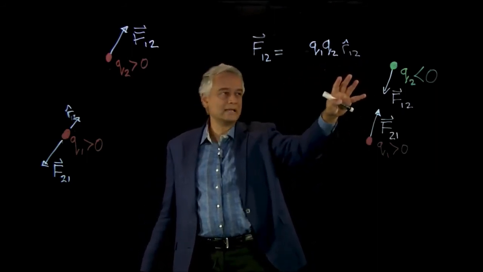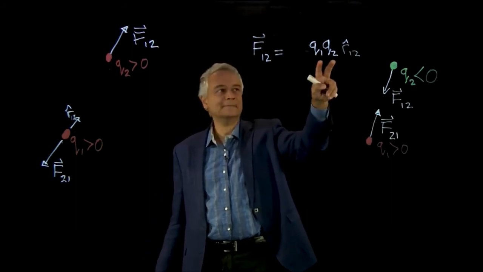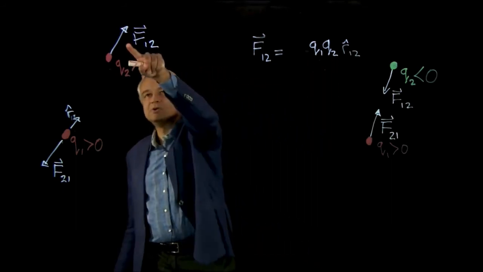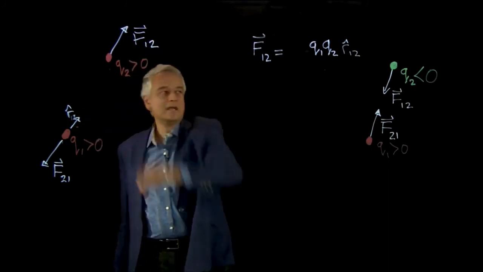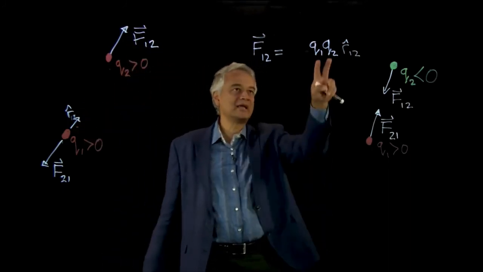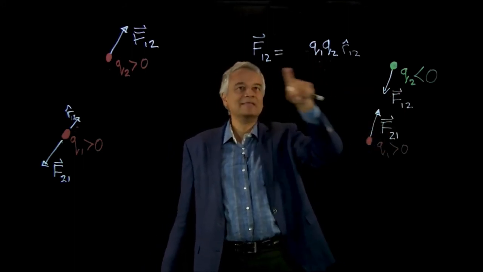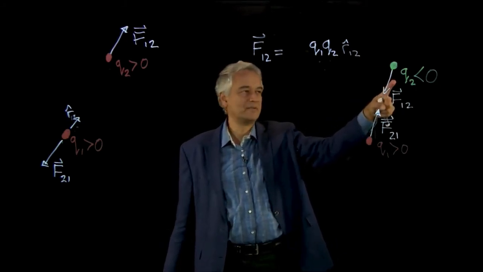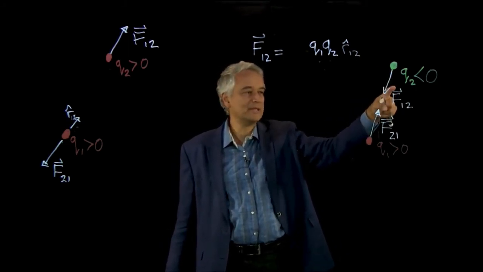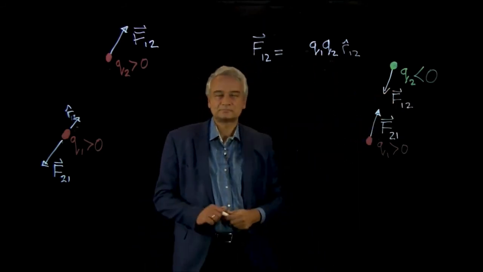The equation isn't done yet, but you already have, if Q1 times Q2 is positive, then F12 points in the direction of r hat 12, which is this case. If Q1 times Q2 is negative, which means if they have opposite charges like here, then F12 points in the minus r hat 12 direction, which is what I've shown there. We get that just from this.